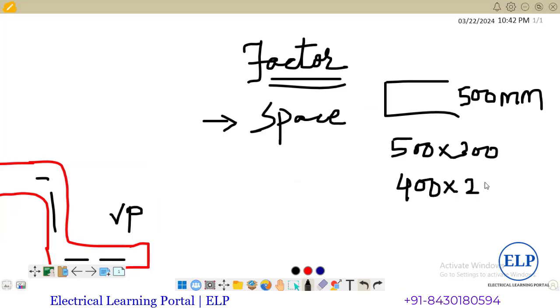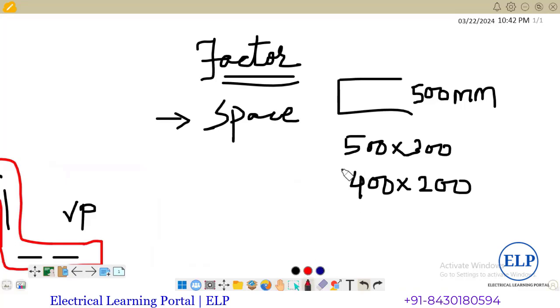You can see that this 400 by 200 ducting will take less material as compared to 500 by 300. Suppose both sizes are okay, you can select both the sizes.